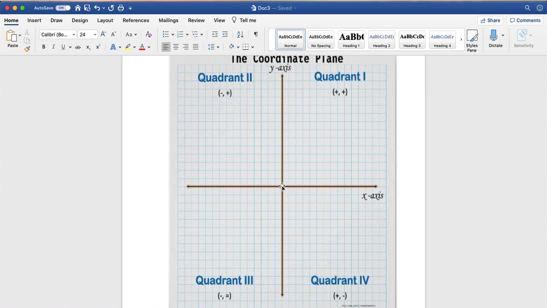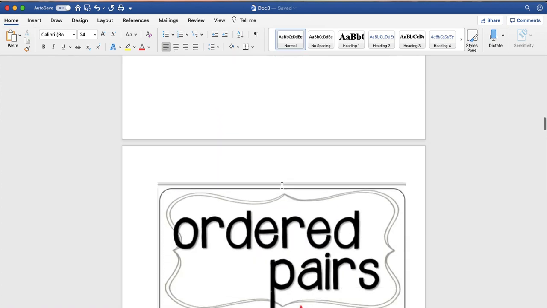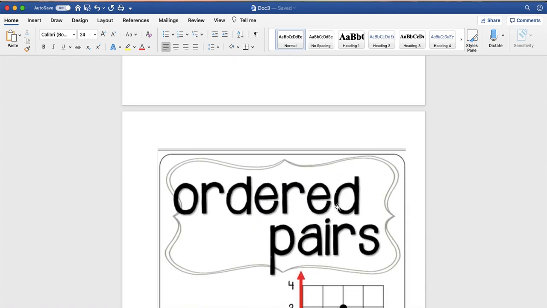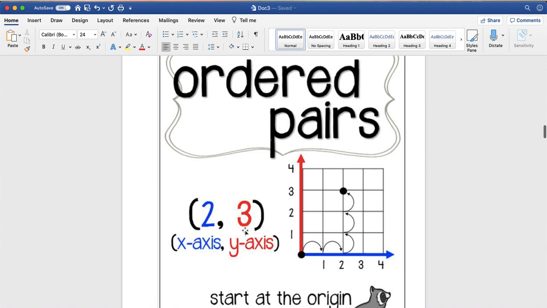And our origin is always where those 2 lines meet. And our ordered pairs is the directions of how to get to a point. And you always start off at your origin or your home base. And you need to run before you can jump. And the way to write ordered pairs: parentheses, how far you need to run, comma, how high you need to jump, and close the parentheses.